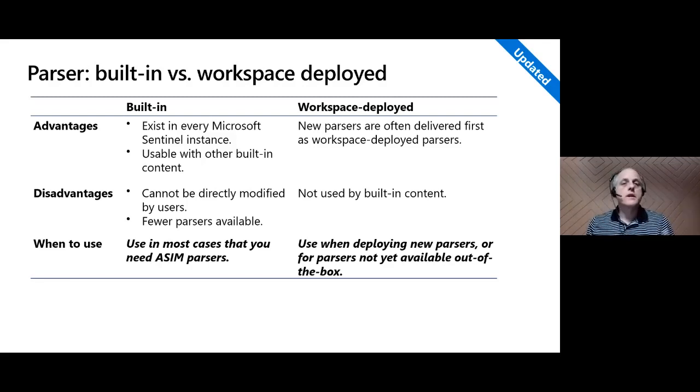Okay, so I assume that most of you will use the built-in functions. The workspace deployed ones are there in case you need a version that we don't provide or to modify things, and we'll talk about how to modify in a couple of seconds. I did mention that there are also two types. One starts with ASIM and one starts with IAM. I will demonstrate. I don't know why I prepared the screens with both, but in practical life, use the ones that start with IAM.